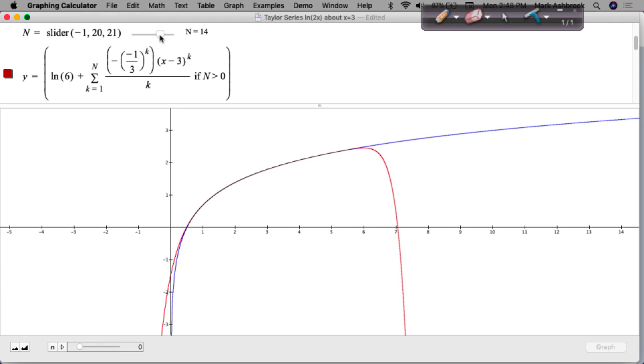Do you see that that's converging as well? And we know this is going to converge for all x greater than 0, so that red graph will eventually get the blue graph, the natural log. But greater than 6, it's just going to keep flipping up and down, though it will converge at 6. We showed that at 6 it will converge.